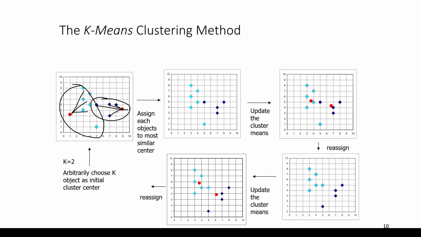Now, these red points were chosen randomly, so the assignment is done, and then we can recalculate the centroid of the light blue points and these dark blue ones. As you can see, the light blue centroid should probably be somewhere around here after this update, and I think the blue one should be somewhere around here. So that's what happens. We will update the cluster.